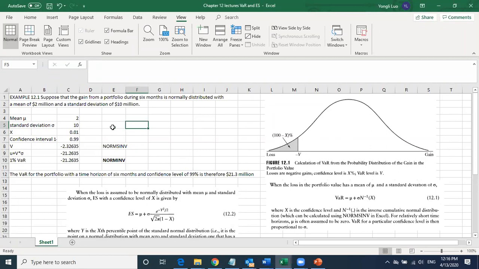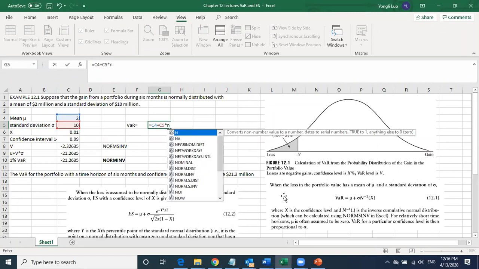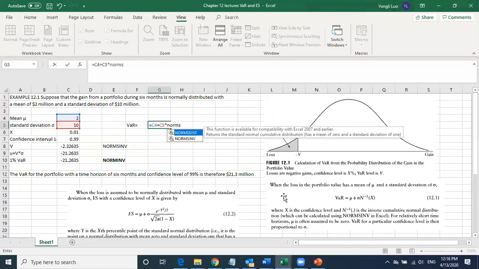Okay, the VaR you can calculate using this formula, right? Equal to the mu, plus your standard deviation times the norm's inverse. Now we have to use the function called NORM.INV, the norm's inverse function.